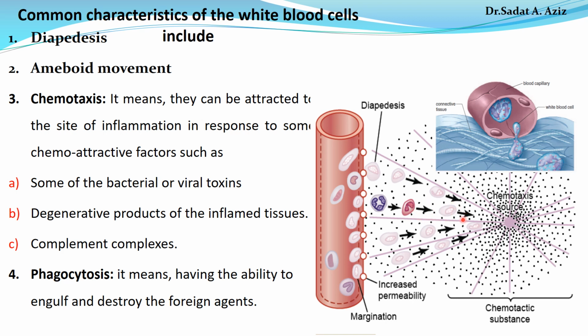to fight infection. The third property of the leukocytes or white blood cells is called chemotaxis. It means they can be attracted to the site of infection or inflammation in response to some factors called chemoattractive factors.